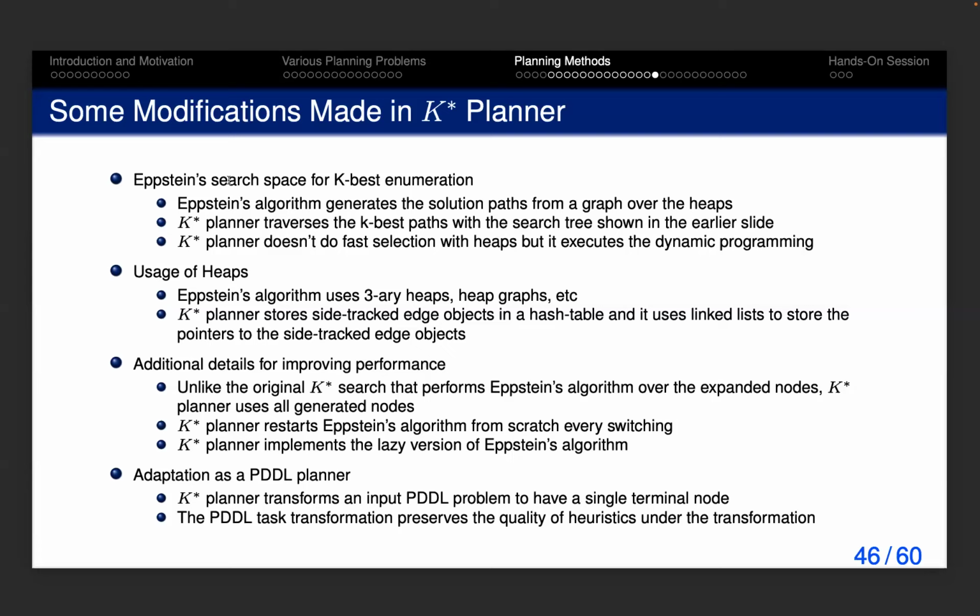If you have a chance to read that paper, it looks very different, but the essential idea is the same. In the case of the K-star planner, it traverses the tree that's shown in the earlier slides. And then regarding the complexity, the K-star planner doesn't do this fast selection with the complicated heaps, but it still maintains this dynamic programming view.